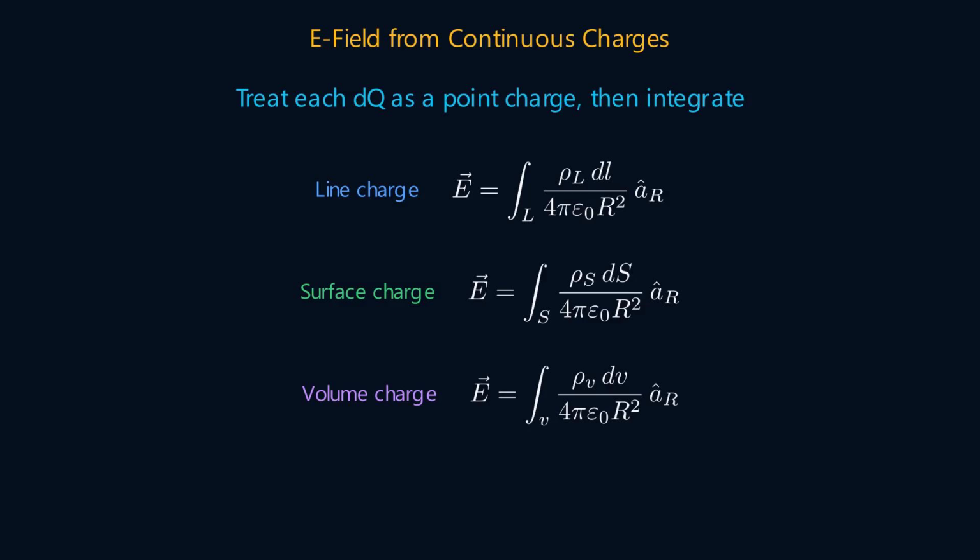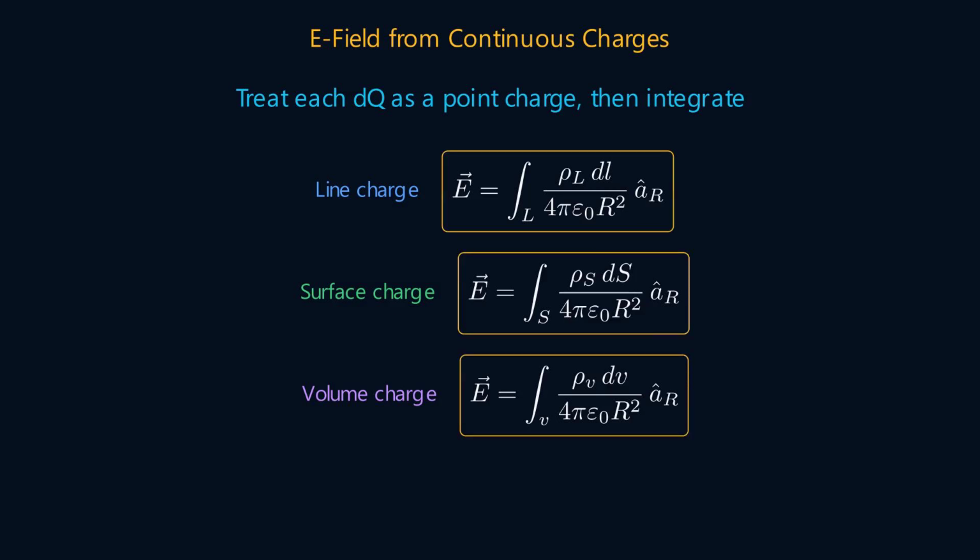For a line charge, E equals the integral of ρL dl over 4πε0 R squared in the direction of aR. For a surface charge, replace ρL dl with ρS ds. And for a volume charge, replace it with ρV dV. These three formulas are the foundation for everything in this lesson.